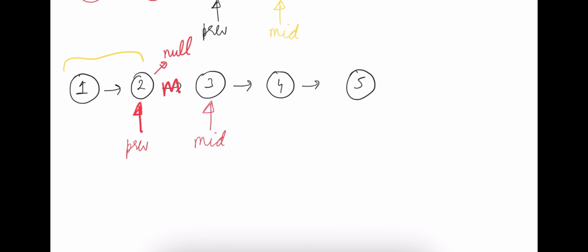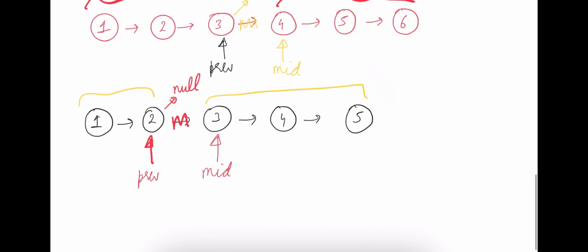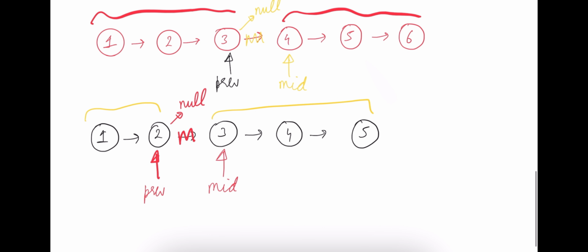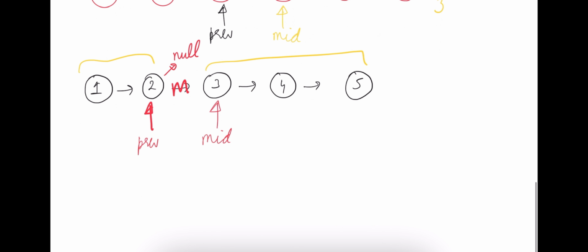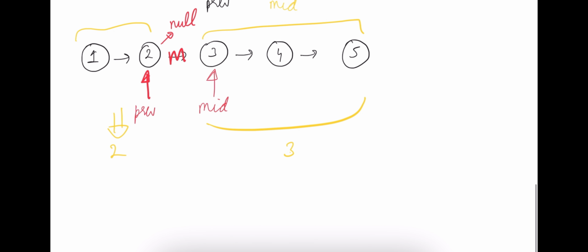The first half would be of length 2 and the second half would be of length 3. In this example, for an even length linked list, both halves would be of equal length, both of length 3. And for an odd length linked list, the first half is of length 2 and the second half is of length 3, so the second half is going to be bigger.